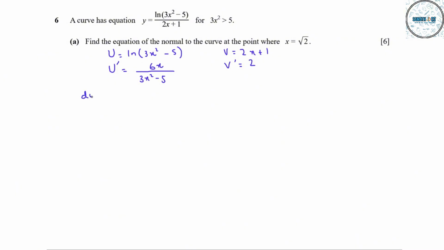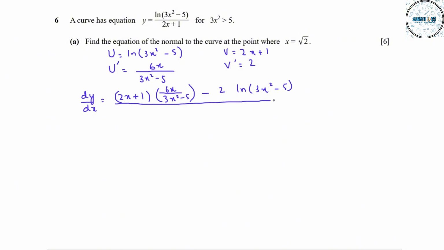We'll apply the formula: dy/dx = (vu' − uv')/v², which is (2x + 1) multiplied by 6x/(3x² − 5), minus 2 ln(3x² − 5), divided by (2x + 1) whole squared.